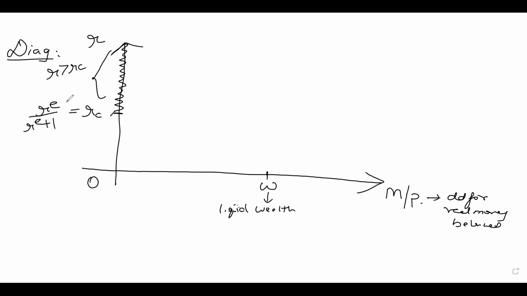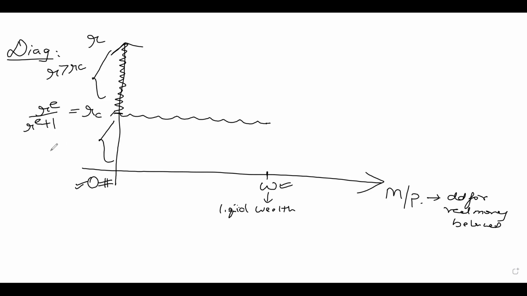Okay. When R is exactly equal to RC, you either hold only money or only bonds or some combination of them. So your demand for real money balances will lie on the horizontal segment, because when R is exactly equal to RC, either you will not hold money or you will only hold money or some combination in between.